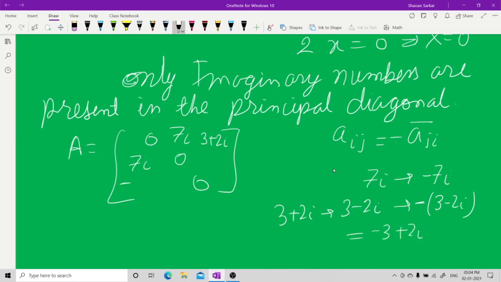Take another example, minus 7 plus 5i. The conjugate is minus 7 minus 5i. Then you multiply with the minus sign, so this will become 7 plus 5i. This is the way you will create a skew Hermitian matrix.